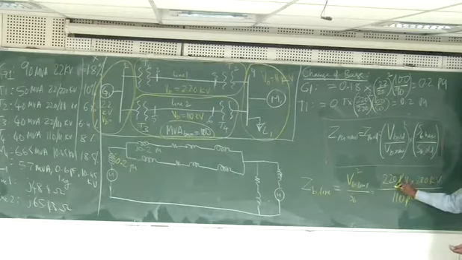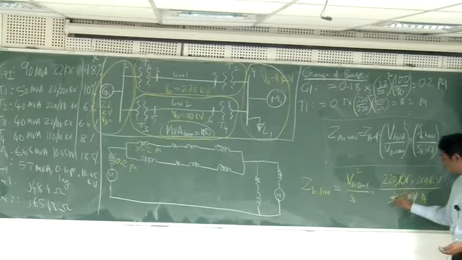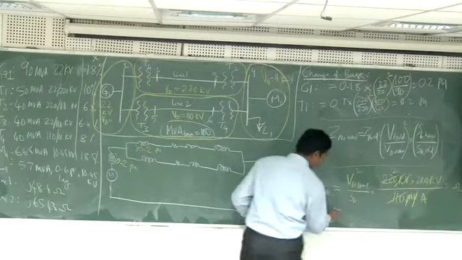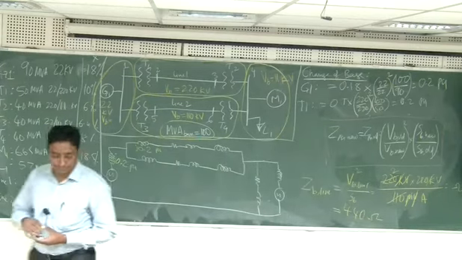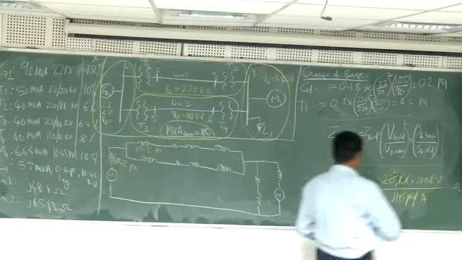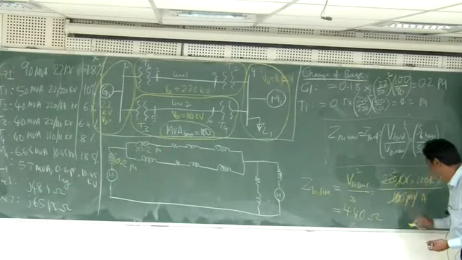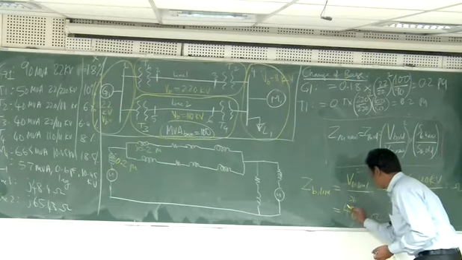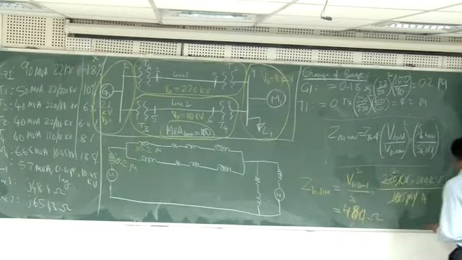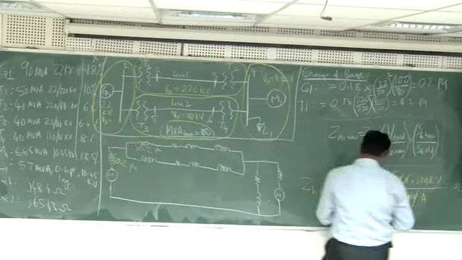M cancels with the k's, V by A is ohms, and so I get 484 ohms.